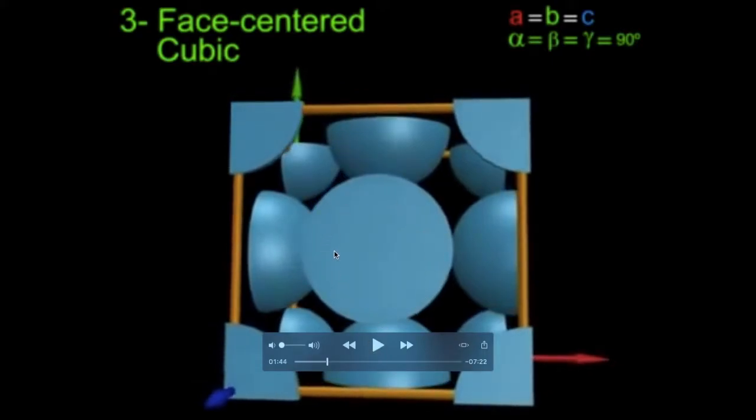You can see that the particle present at the center of the face of the unit cell is taken as half a particle, because each particle present at the center of the face is shared between two unit cells.